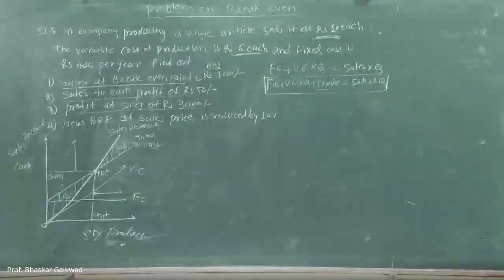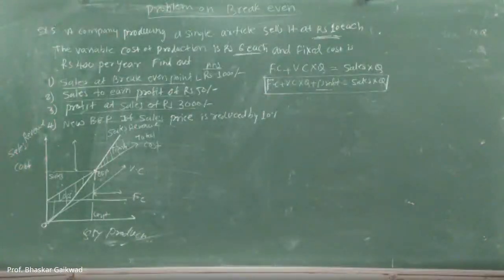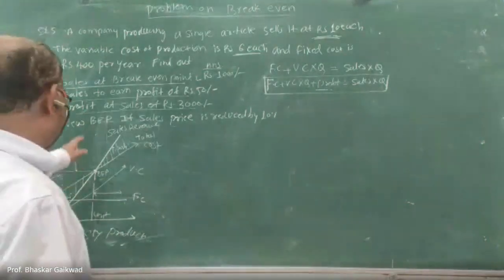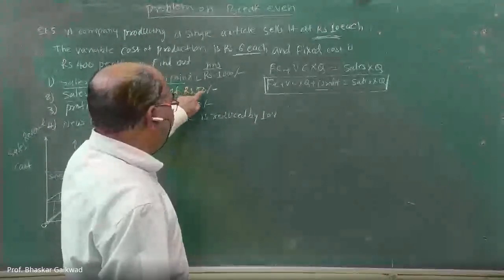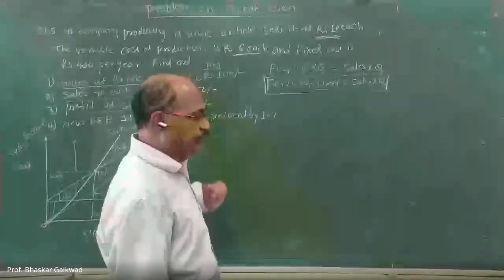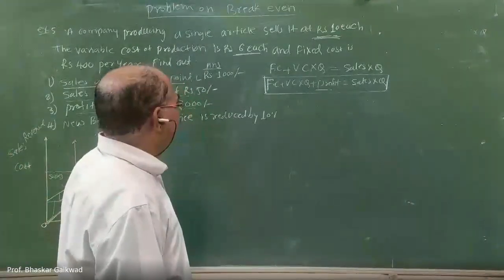Sales to earn a profit of rupees 50. Okay. Sales to earn profit of rupees 50 means profit is given. Correct.